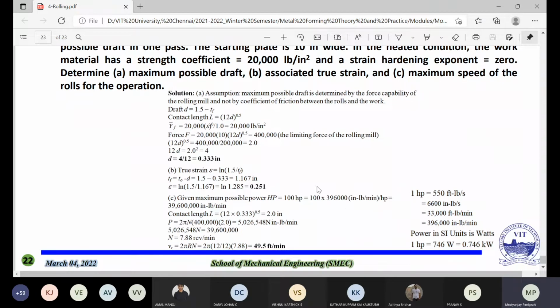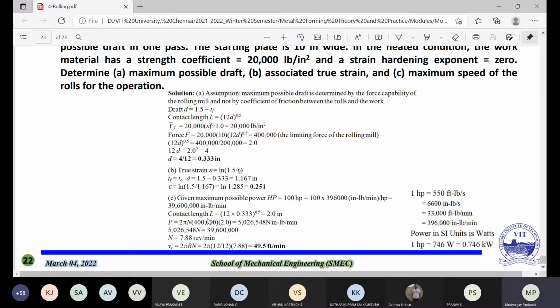Everything here is in inch-pound per minute, so 1 HP equals 33,000 foot-pound per minute, which is 396,000 inch-pound per minute. This value you have to take, because everything is in inch and pound. So 100 HP converts to 39,600,000 inch-pound per minute.